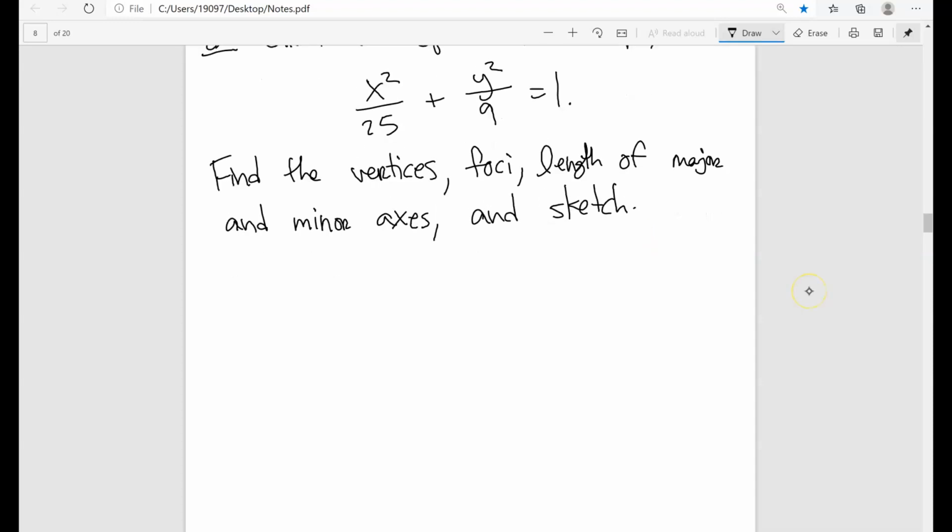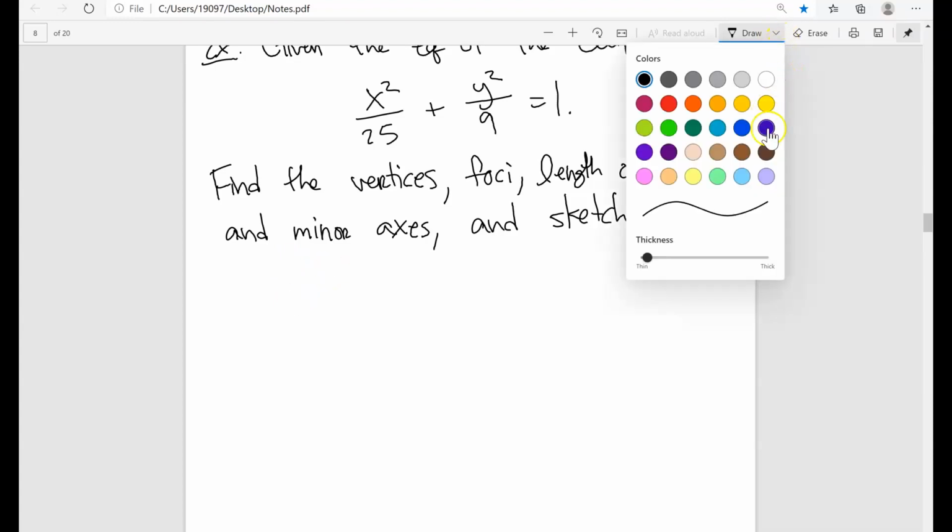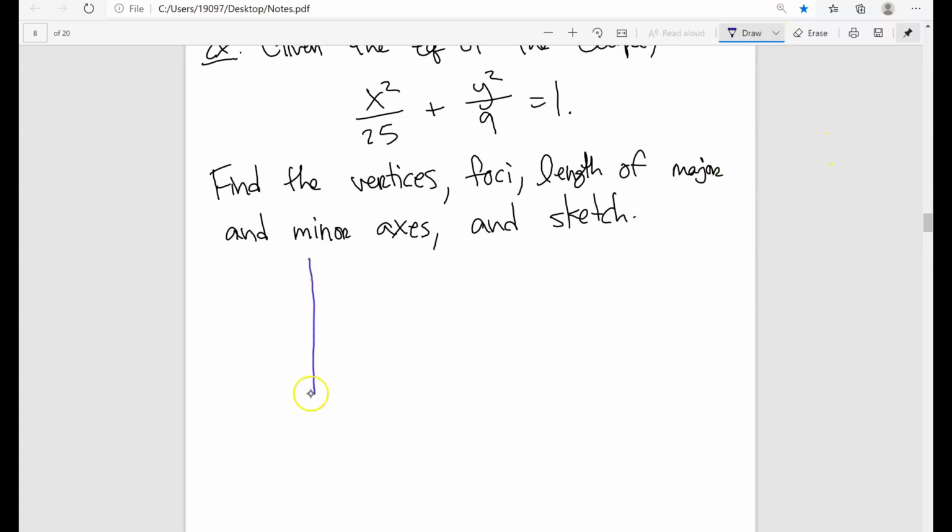So let's start off by looking at this, maybe just graphing it. I think graphing it is actually the easiest problem. When I'm graphing it in the x direction, this is the longest one. So this is a squared, so a is going to be 5.